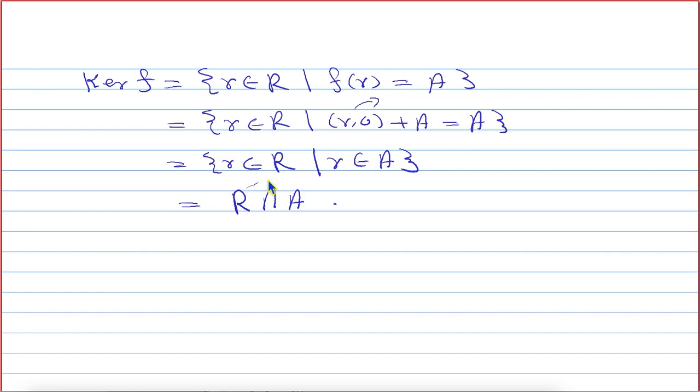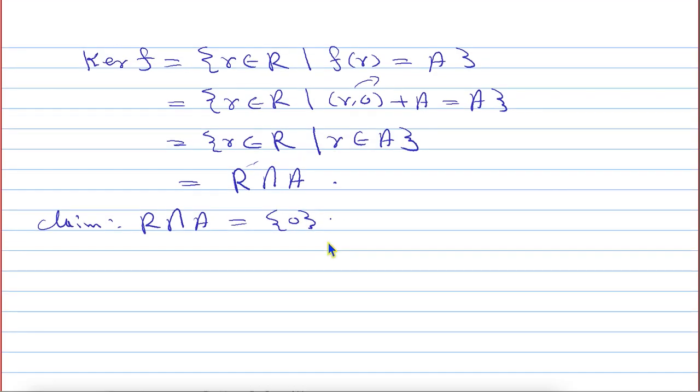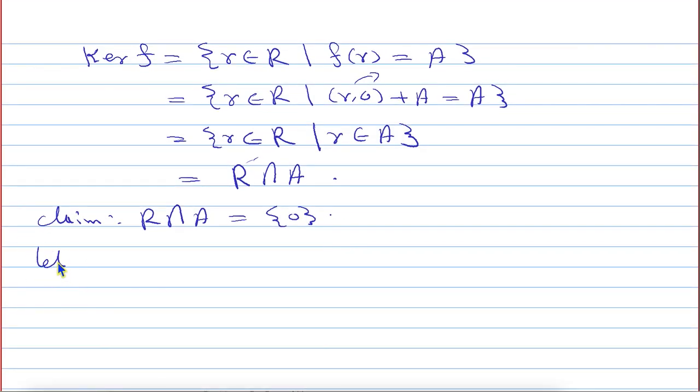Now we want to claim that R intersection A is 0. So let's assume we have some element a in this intersection.